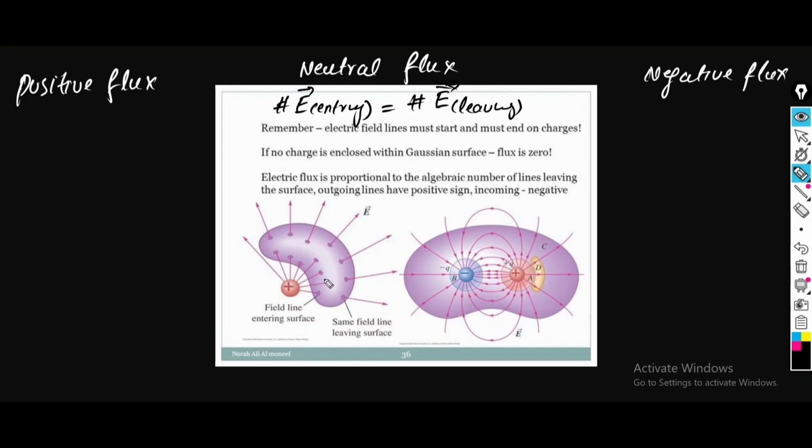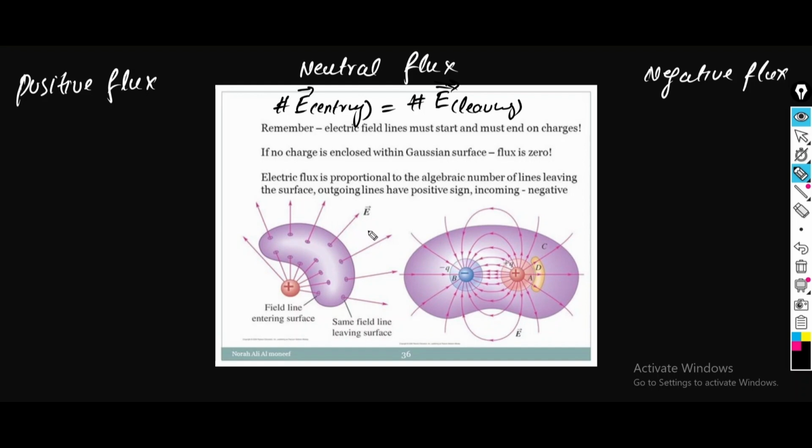If we put a positive charge outside of the Gaussian surface, the number of electric field lines entering is 1, 2, 3, 4, 5, 6, 7, and the number leaving is 1, 2, 3, 4, 5, 6, 7. So the number entering is equal to the number leaving.